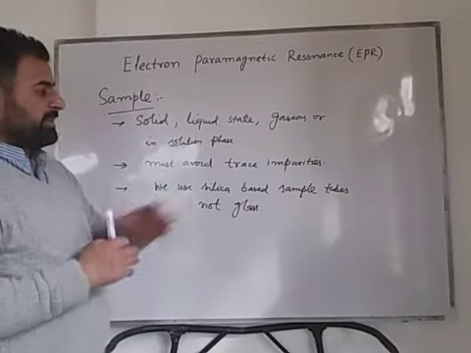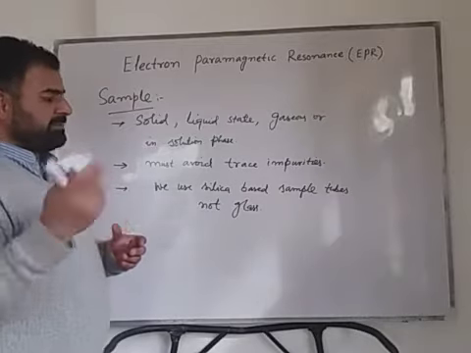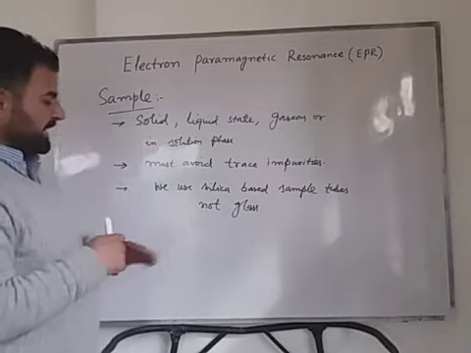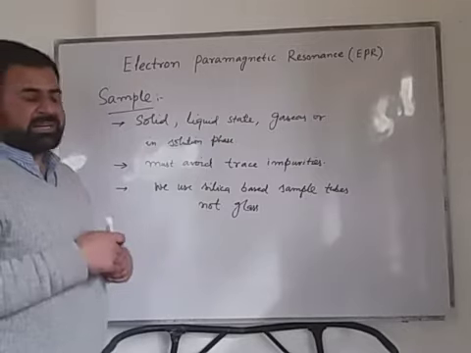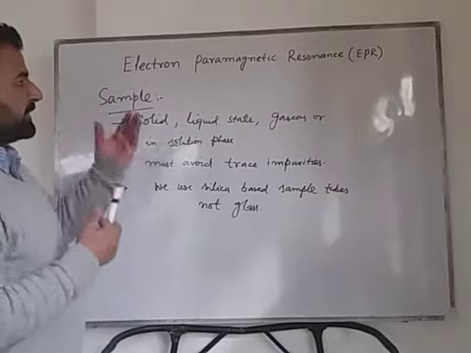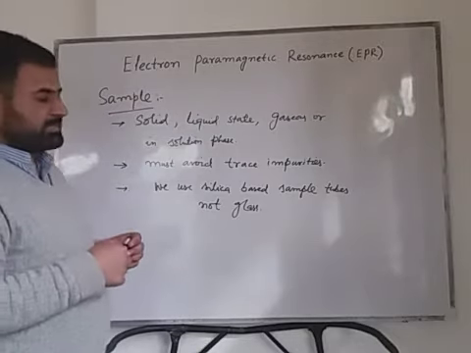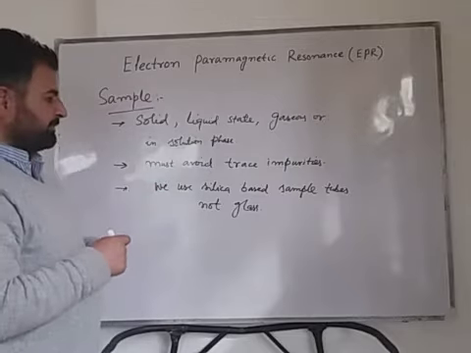That means we use pure silica based sample tubes and not glass. Why? Because glass may contain some metallic ions like iron 3 positive etc. They can intervene in the EPR spectrum during the analysis. So we use pure silica based sample tubes.